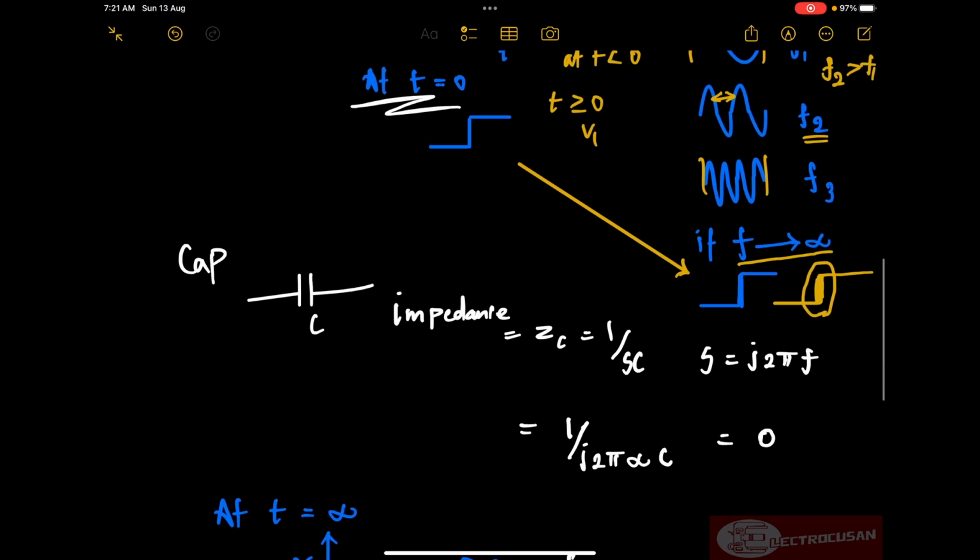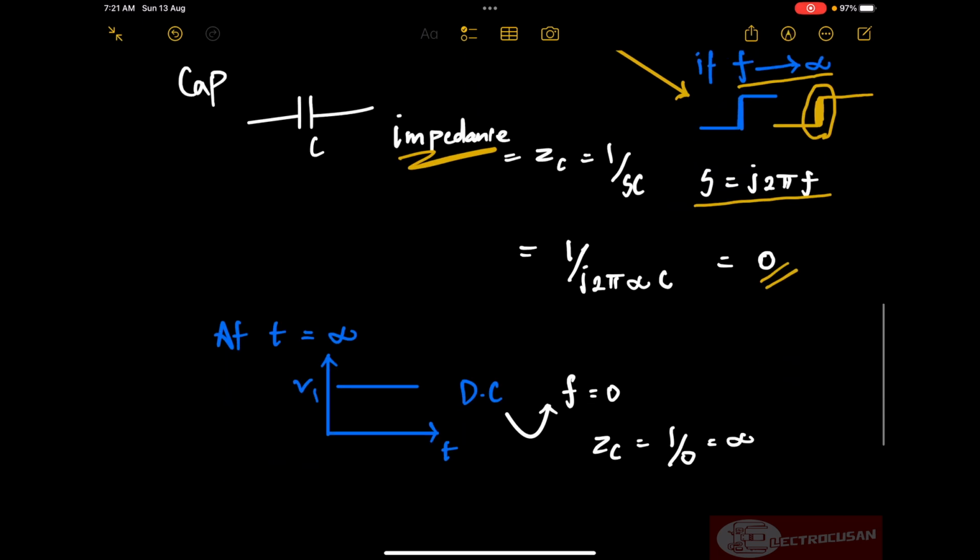Okay, so if you consider a capacitance, the impedance of the capacitance is given by Zc, which is equal to 1 by sC, and the value of s is j2πf. If you substitute the value of f at t equal to 0, which is infinity here, 1 by infinity becomes 0, right? And at t equal to infinity, the step input is just a DC signal of specific voltage. Here it is V1 volts.